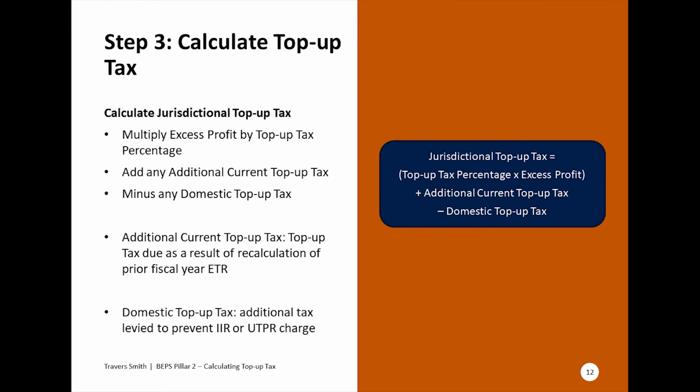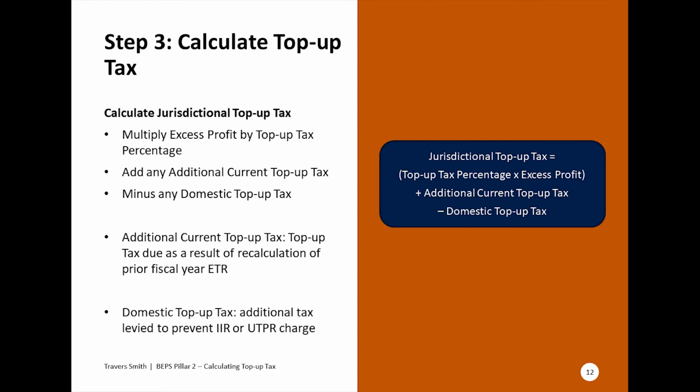Domestic top-up tax is additional tax levied to prevent an IIR or UTPR charge. It's not compulsory, but many jurisdictions, for example the UK, might want to adopt this in order to make sure that any top-up tax associated with UK activities goes to the UK Exchequer. It also prevents the complex undertaxed payments rule from applying.